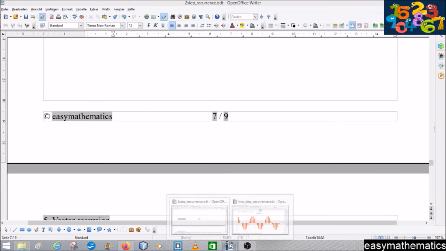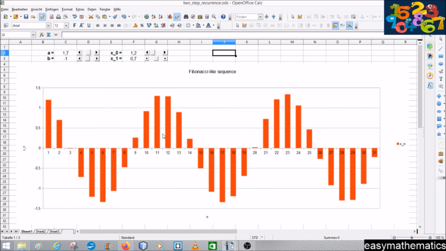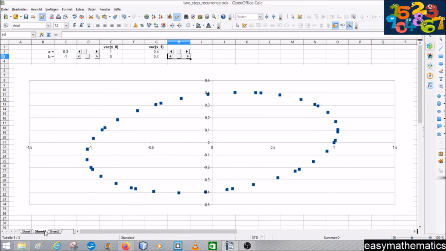So we can concentrate on the interesting cases like above, and therefore we take a look at the vector Fibonacci-like sequence. So we have recursion weights, for example 0.3 and -1, and the first initial value x0 is (1, 0), the second initial value is (0.4, 0.4), and as you can see here we get a nice ellipse.